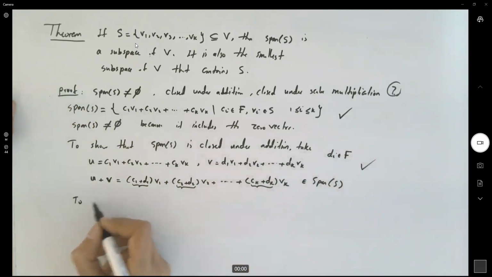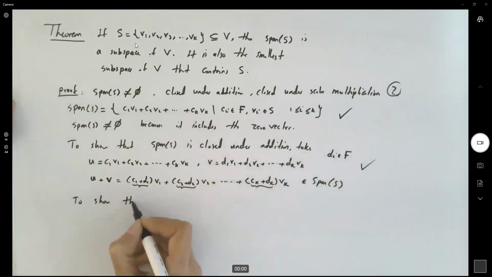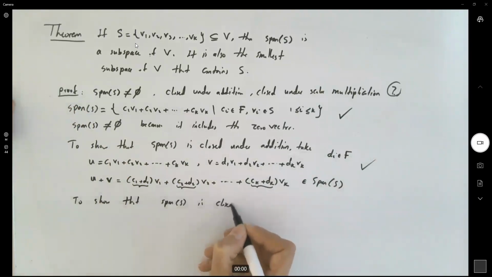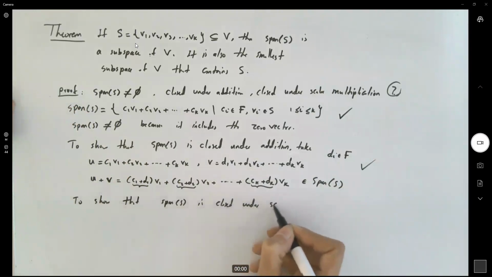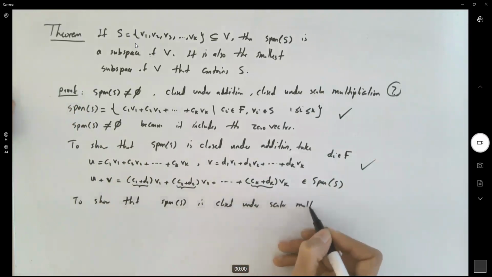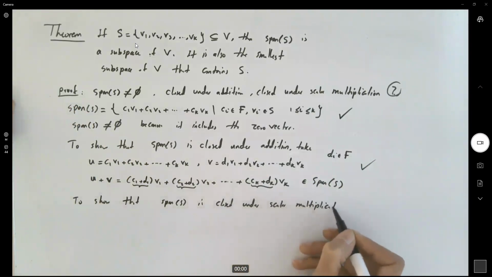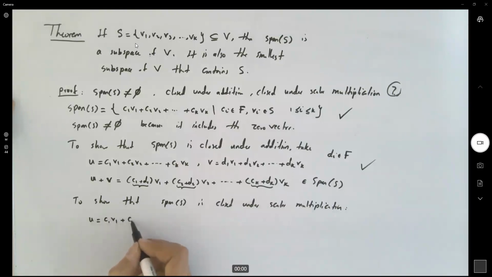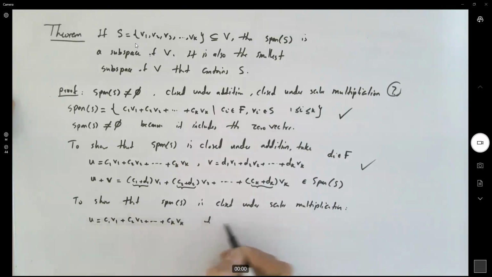Now for scalar multiplication, to show that span S is closed under scalar multiplication, this is basically taking an element in the span S like u, which is c1 v1 + c2 v2 + ... + ck vk, and a scalar like d.